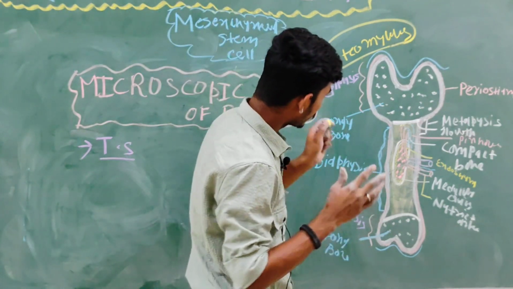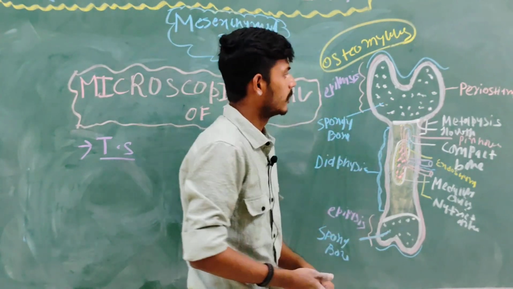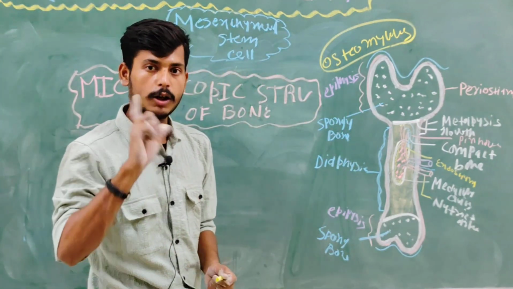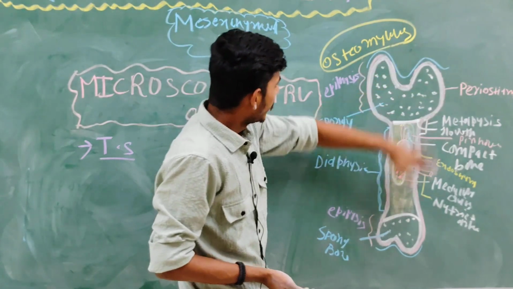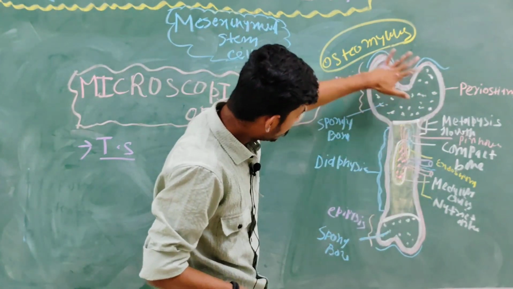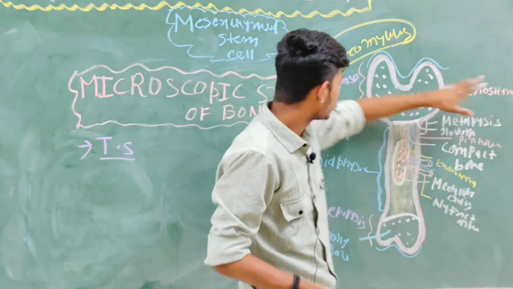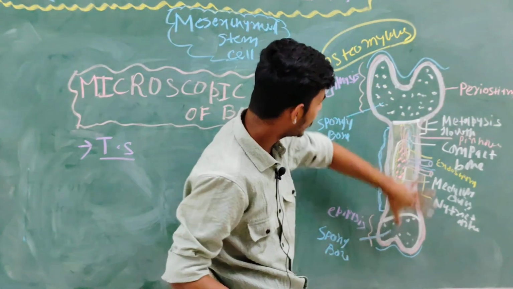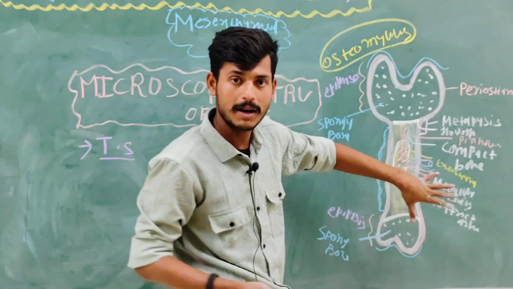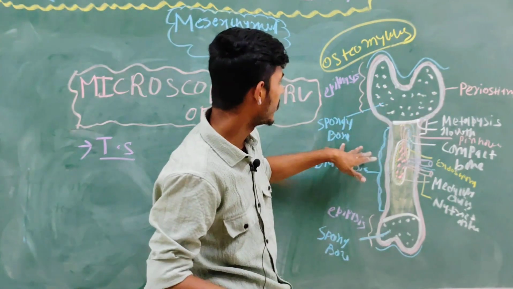So that is the microscopic structure of long bone. Once again, the bones are covered outwardly by the periosteum, and in the epiphyseal area there is a less dense matrix, that's why it is called spongy bone.